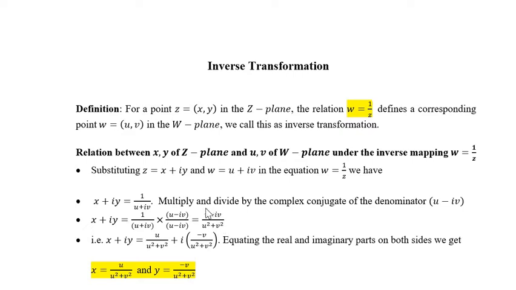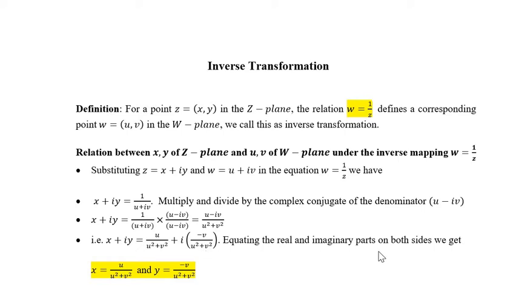Separating the real and imaginary terms on the right hand side, we obtain x plus iy equal to u upon u square plus v square plus i times minus v upon u square plus v square.